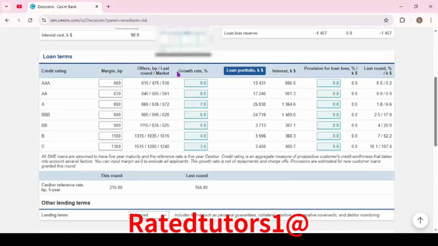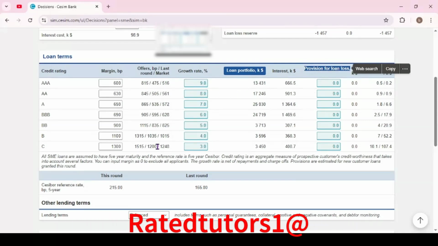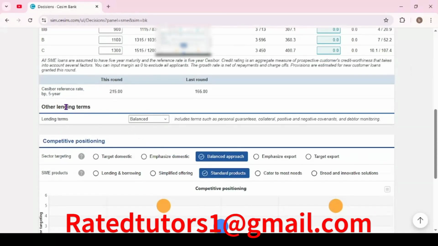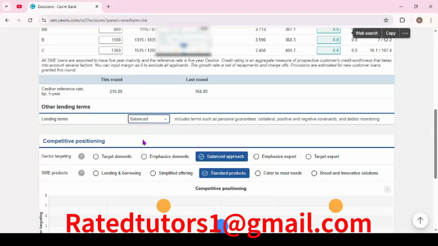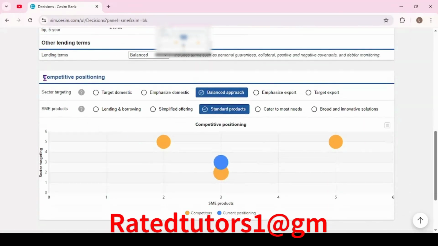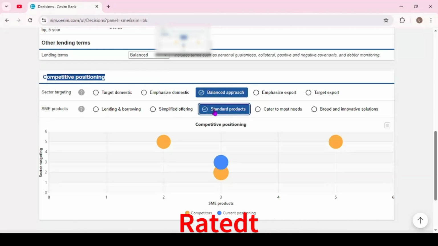Also, you can make decisions for the growth rate, and for the provision loss, you can also make an estimation. Down here we have the other lending terms, and for us we are using the balanced one. We are not using the strict or the loose, we are just using the balanced one. Next we have the competitive positioning, whereby we are using the balanced approach and the standard products.